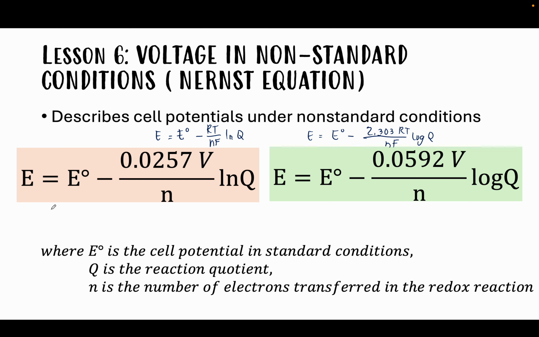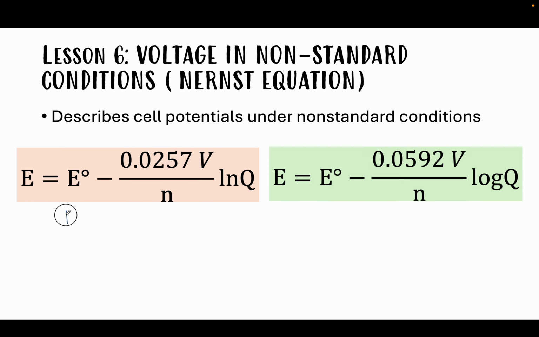Right, so we have here R, let me move here. R is equal to 8.314 joule per mole Kelvin.